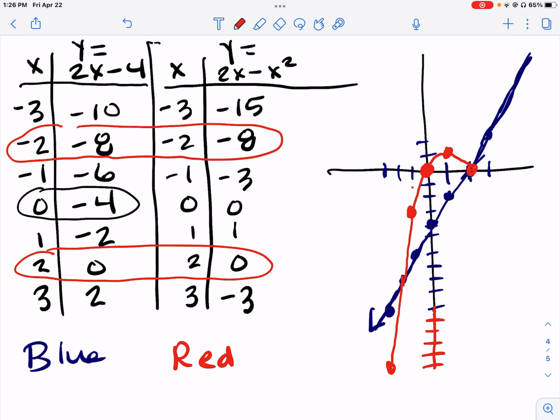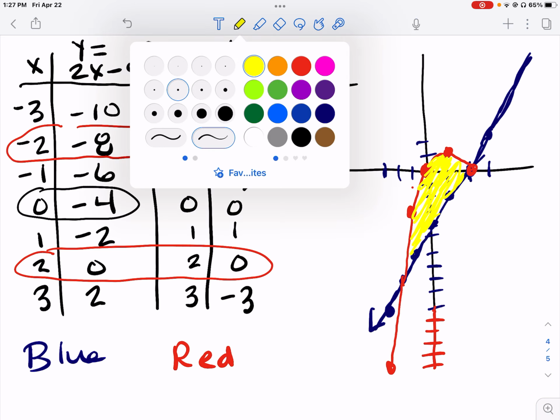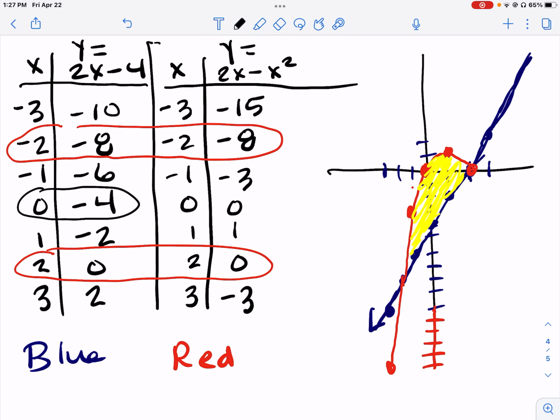So what are we finding? We're finding the area in between here. Okay, so we can see that the parabola is the higher one. Okay, when you integrate, you're finding the area below that.